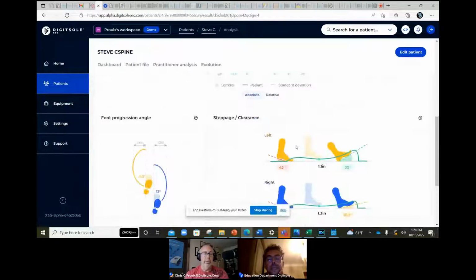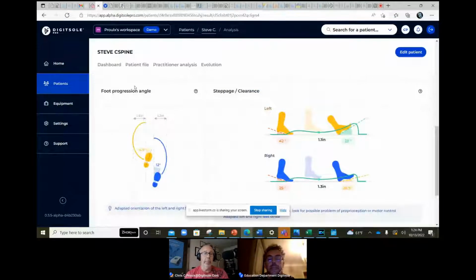So we go a little bit further down. The foot progression angle gives us two metrics. One, we're going to look at circumduction. How far does that leg swing out from the sagittal plane during that swing phase, right? So when we initiate propulsion, we initiate the swing phase, we should see hip flexion, knee flexion, initially plantar flexion, and then very rapidly we transition into dorsiflexion, right?